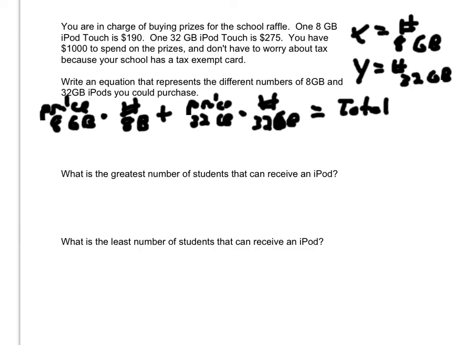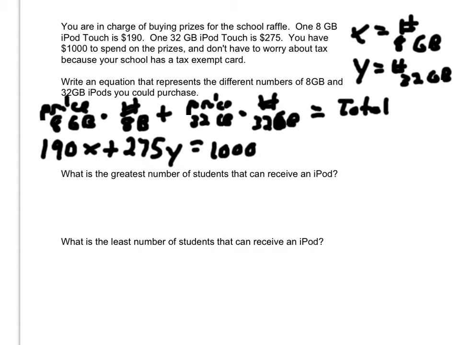So the price of an 8GB was $190 times the number of 8GB, which is x. Plus the 32GB, or $275, times our y, which is the number of 32GB we get. That's going to equal our total, which is $1,000.